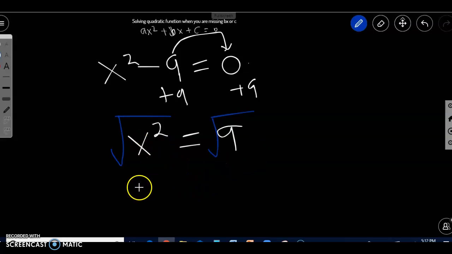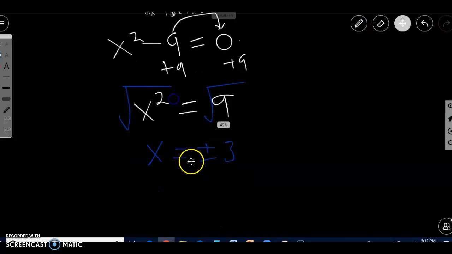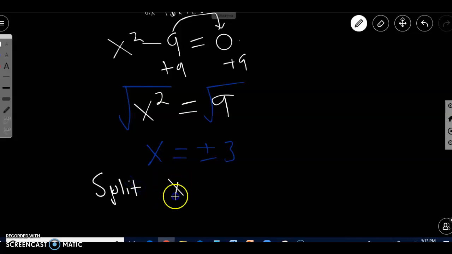So the square root of x squared gives us x, but since we are looking for two numbers we don't know, we put plus or minus as we take the square root. When we split it, you get one answer on the positive side, 3, and then you consider the negative side, you get -3, and that solves it. So we get the same answer as we got using the previous method. I hope it helps.